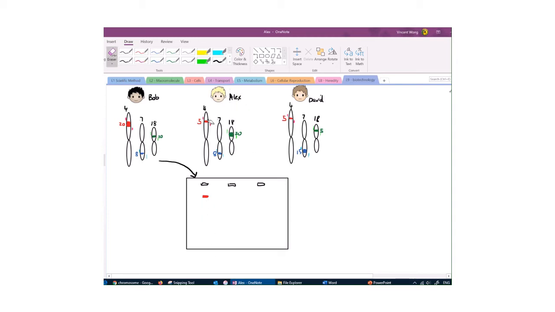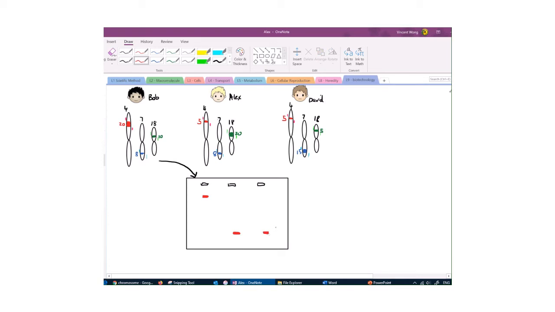For Alex, the same sequence, because it's much shorter than the one Bob has, is going to be able to go much farther down in the gel. And for David, who happens to have the same STR repeats as Alex on this chromosome, it's going to travel to the same location.